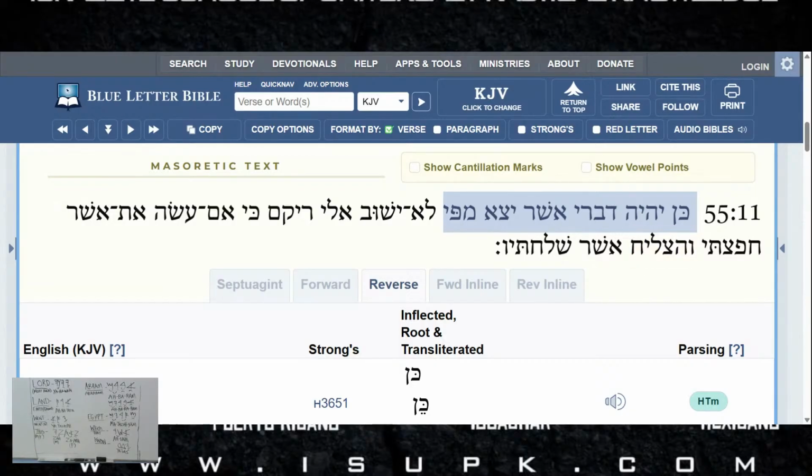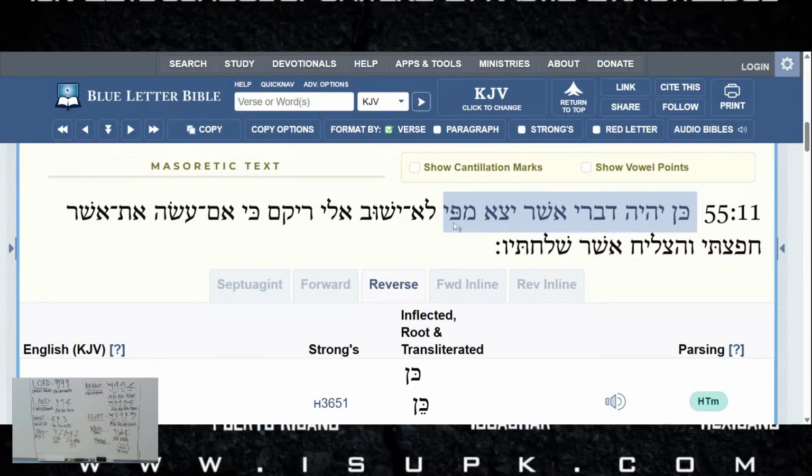So you could be saying, so it came to pass the words that, right? There's a shar is which or that. The words which went out my mouth. So it came to pass the words which went out my mouth. Yataza'a is went out.